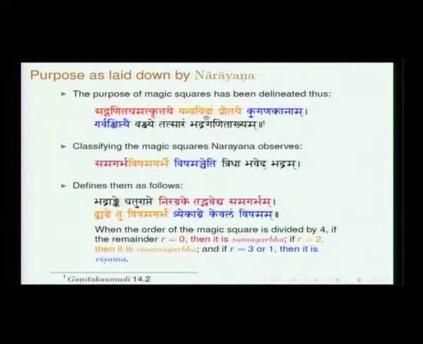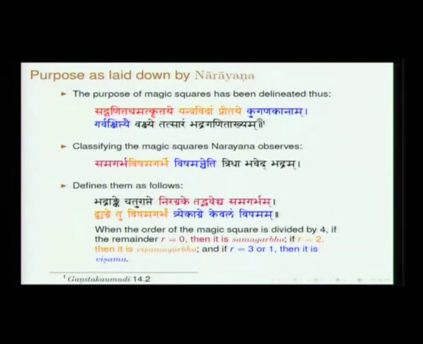Yantravidam Pritaye: the various kinds of permutations and combinations, the various ways of arranging things, can be known, and therefore they will be pleased to know these techniques. He also says Kuganakanam Garvakshiptyai.